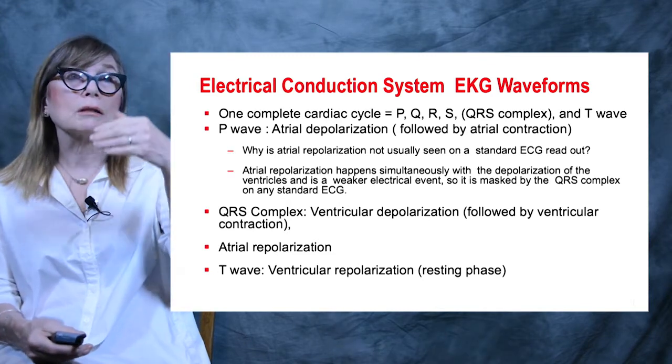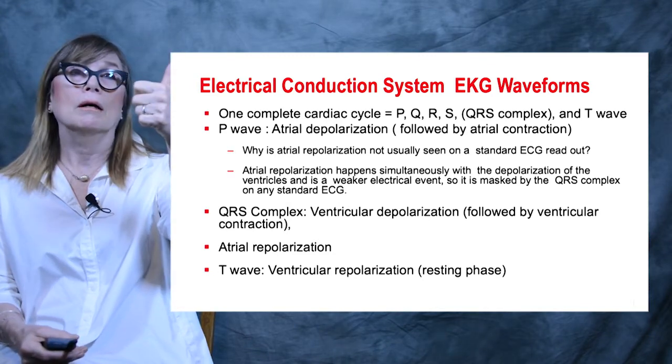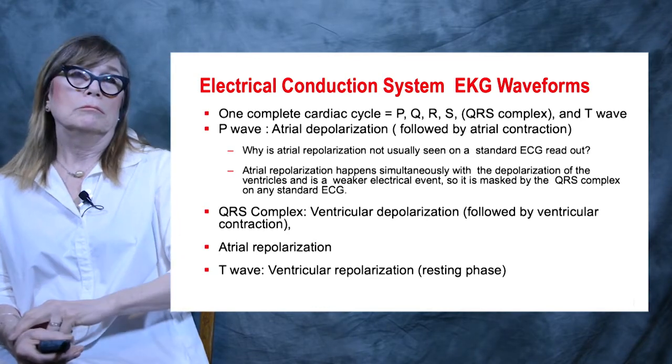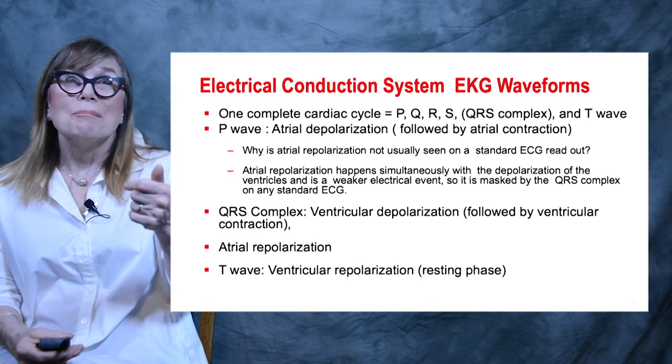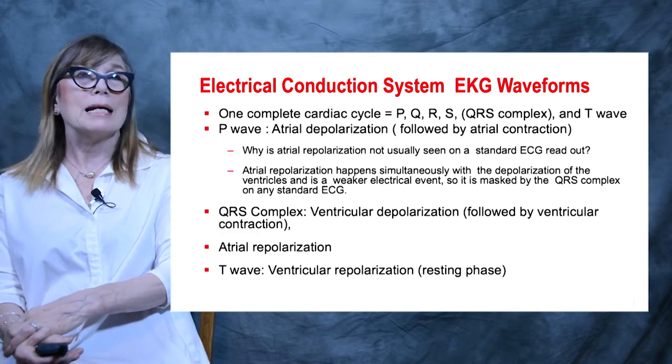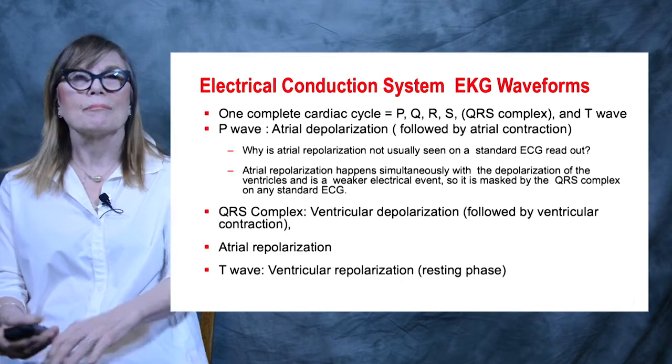So electrically, the atria are dependent on potassium and calcium. The ventricle is dependent on potassium and sodium, and all contraction is dependent on calcium.